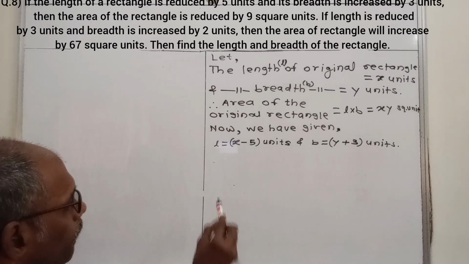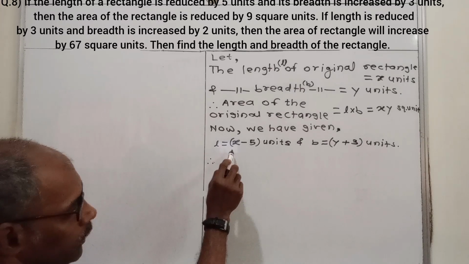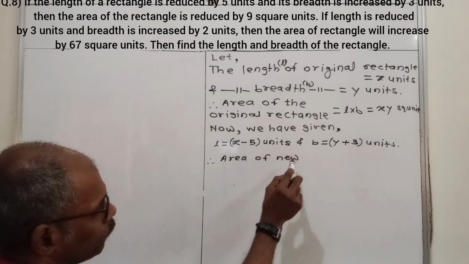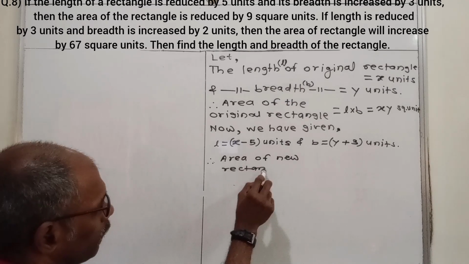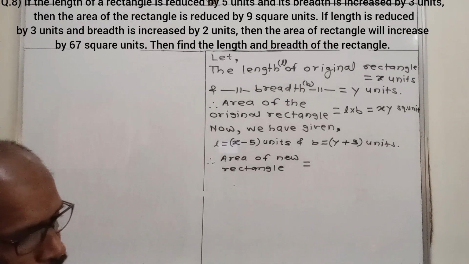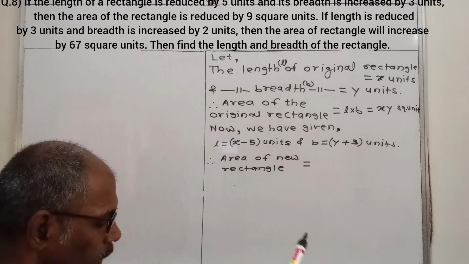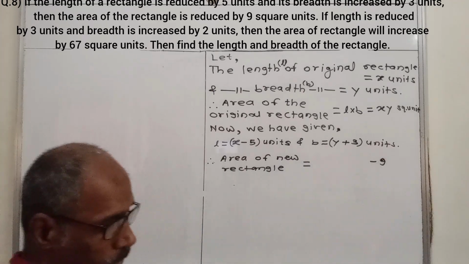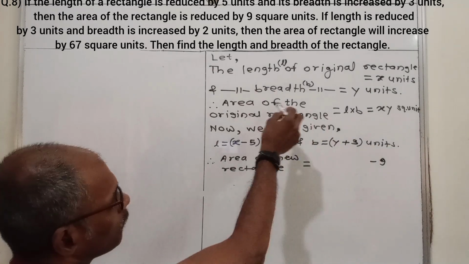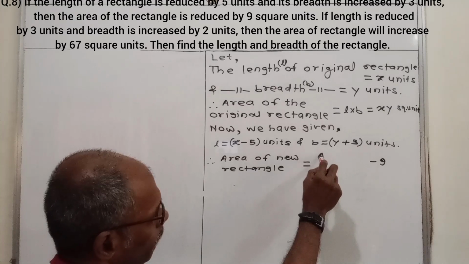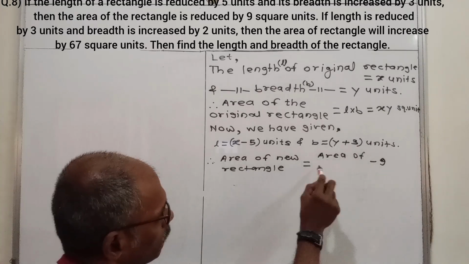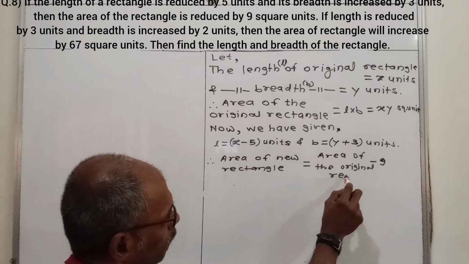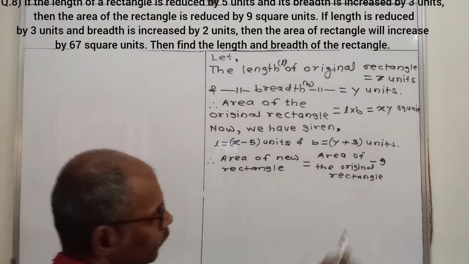Therefore, the area of the new rectangle is equal to the area of the original rectangle reduced by 9 units. Did you get it?